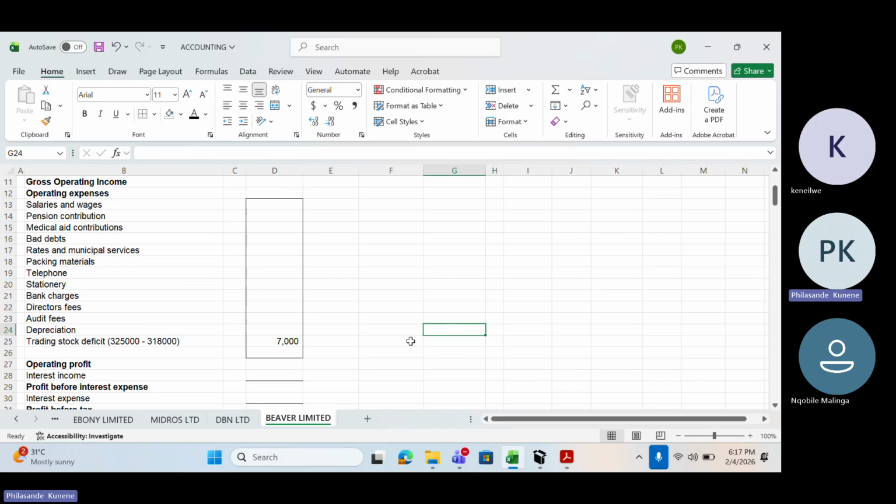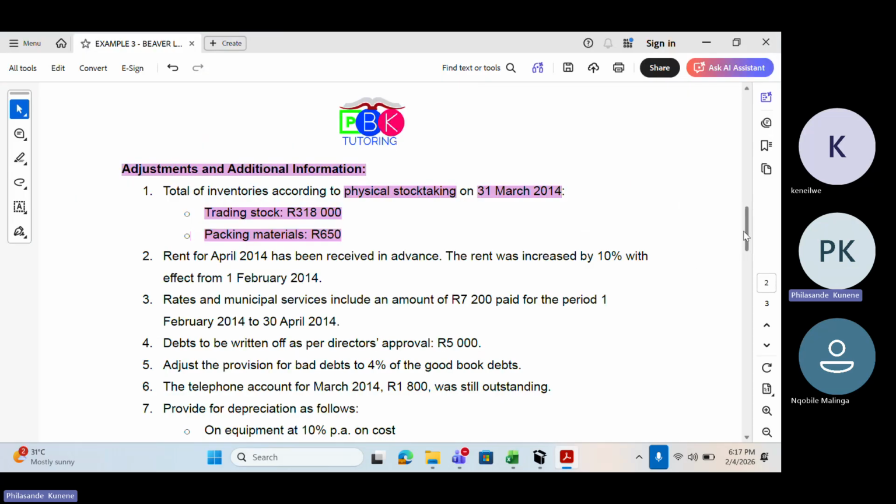Accounting is done daily so that you are able to identify whatever is being lost. But sometimes it's impossible, because when we do our trading stock count once at year end, we can only identify these things at year end, as the accountant is only sitting at the office. Those working at the warehouse won't be able to identify this issue either, because they only count it once at the end.